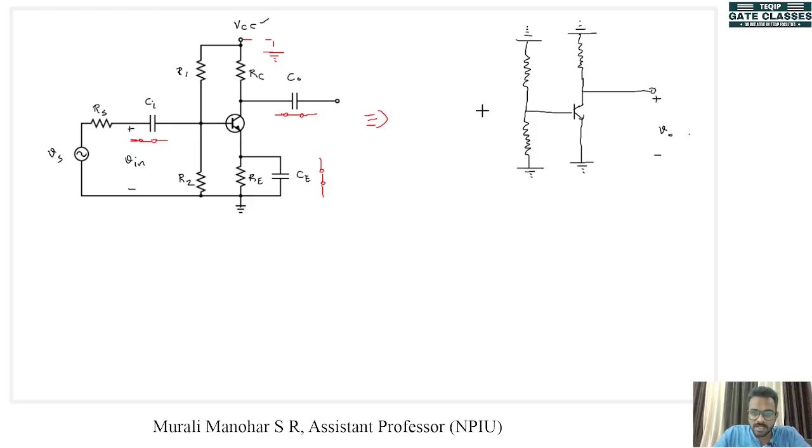This capacitor is short circuited, that is Ci is short circuited. Here we have Rs, and here we have our source. Now the source is Vs and this is Rs.